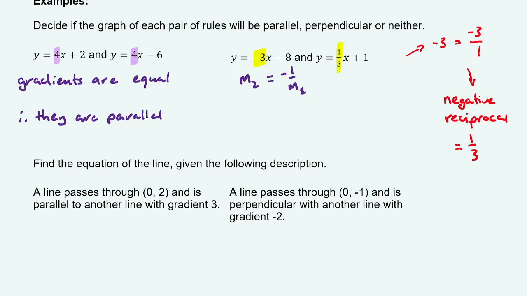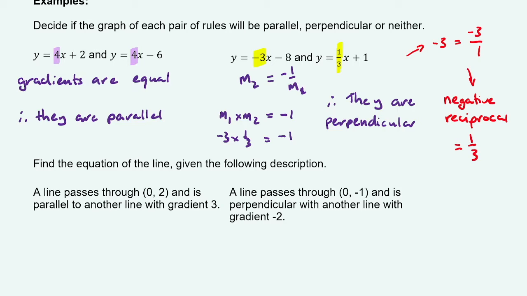If we wanted to work it out a little bit differently, we could use M1 times M2 equals -1, which would be -3 times 1/3, which does in fact equal -1. So therefore, these lines are perpendicular, and they meet at right angles.